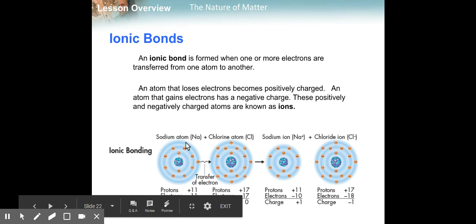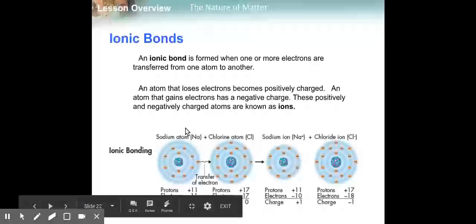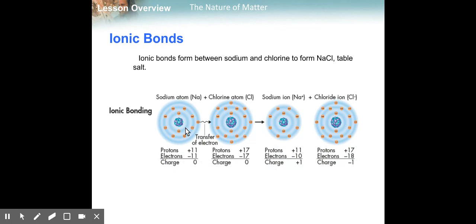And that happening causes the sodium to be positively charged and the chlorine to become negatively charged. When that happens, those are each called ions and not just atoms anymore. So transferring that electron from one to the other is going to bond them together. We're going to scroll through that real fast because this should be stuff you covered in physical science last year.